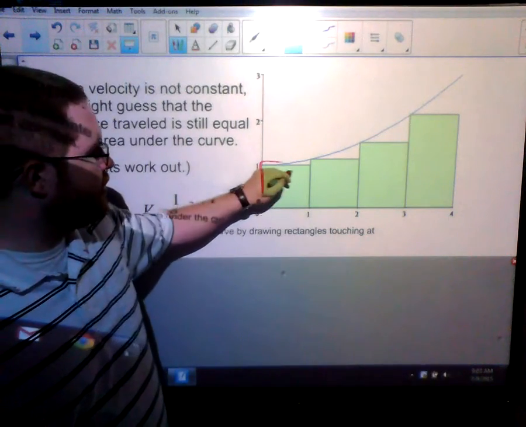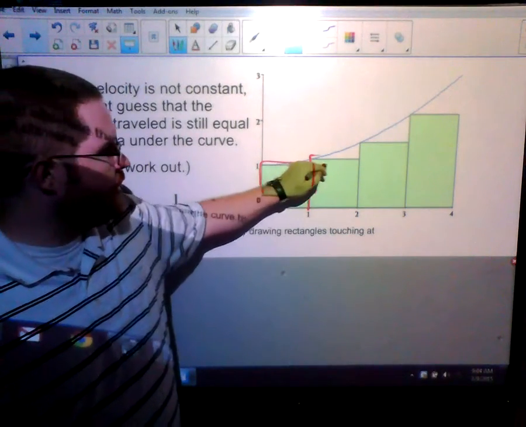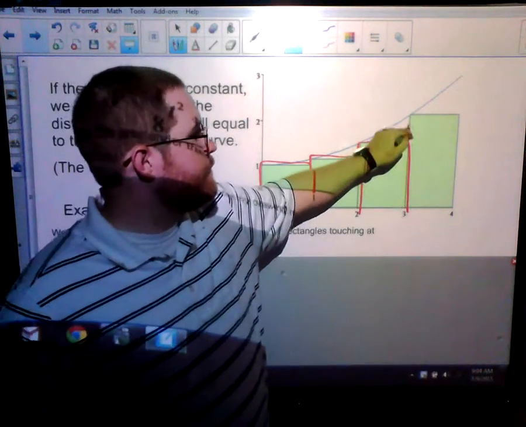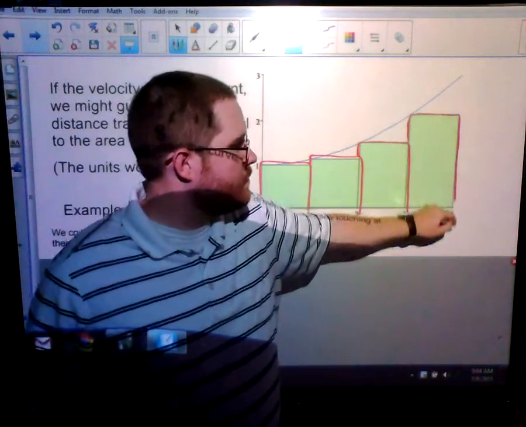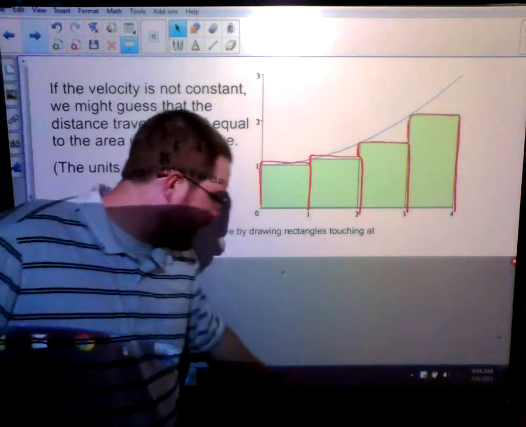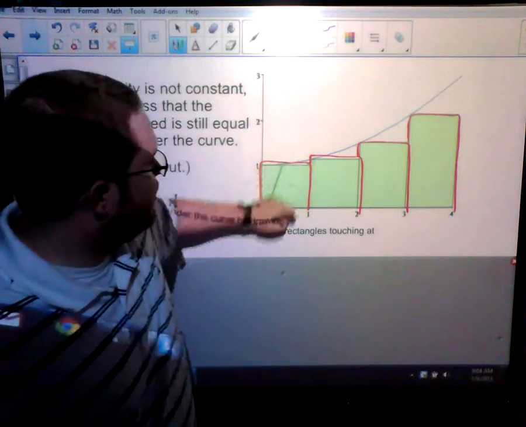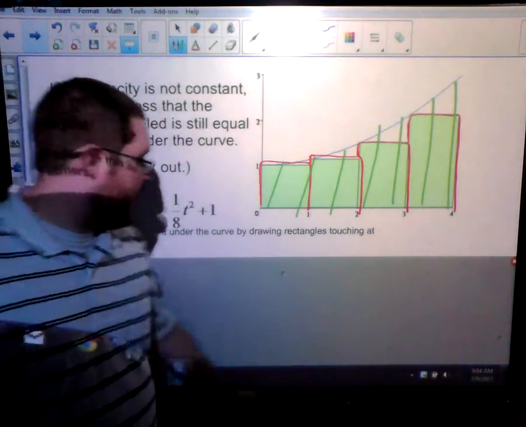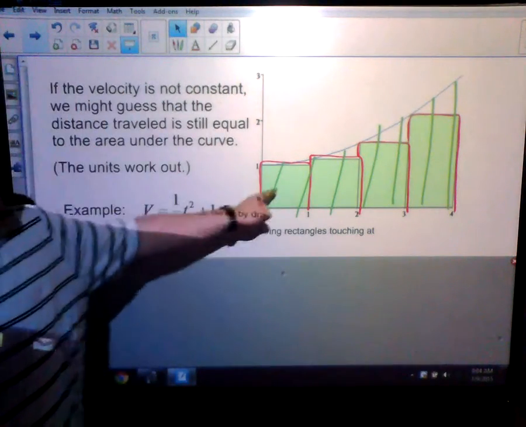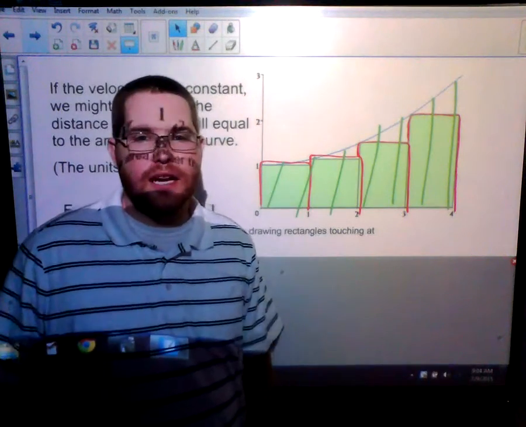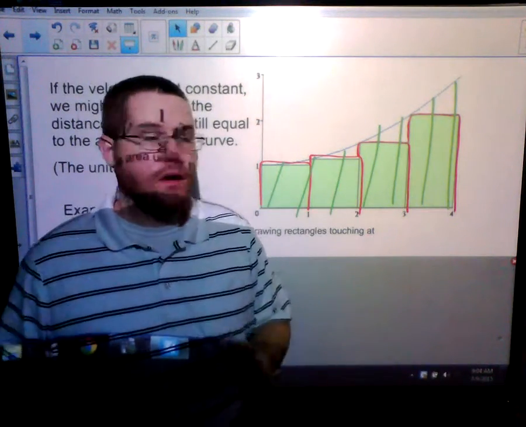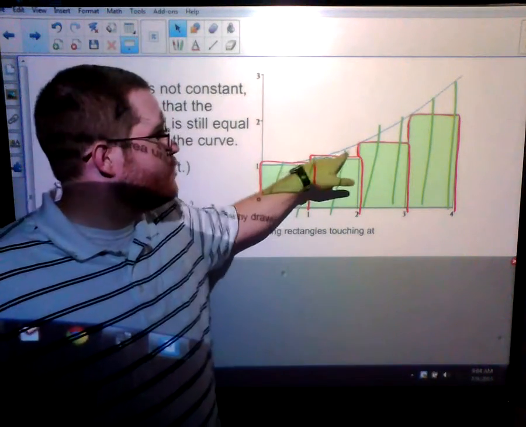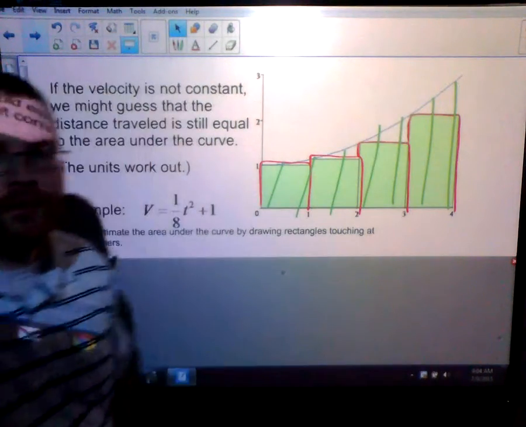Those 4 rectangles approximate this entire area underneath the curve. Now, is this approximation, if I add them together, going to be less or more than the correct area? They're going to be a little bit less because I'm missing those little corners right there.